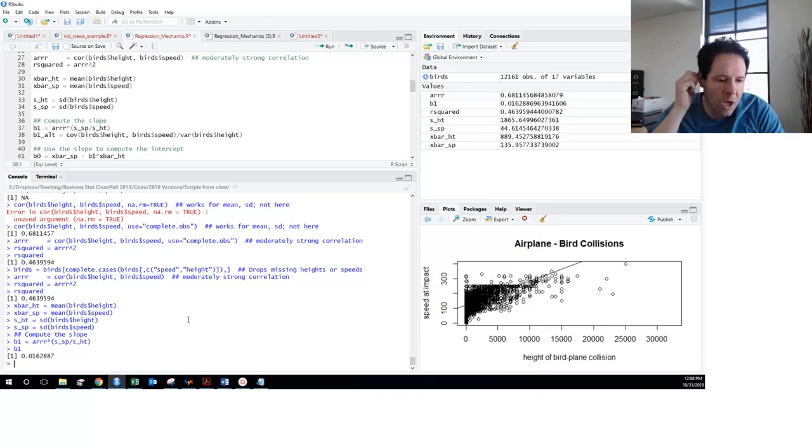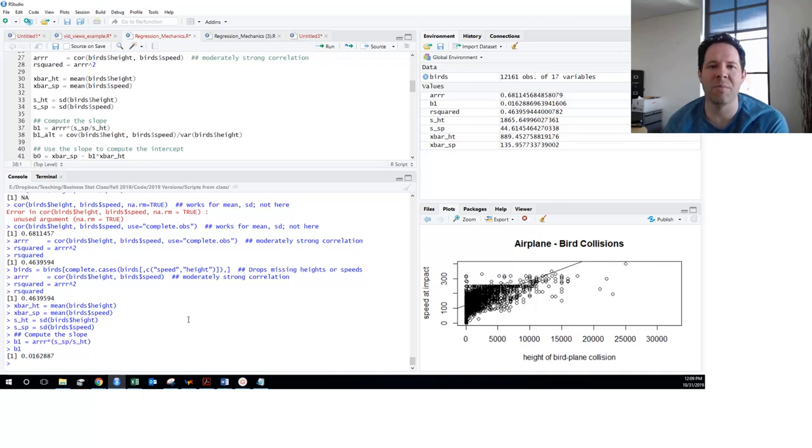That's the slope. And so the way we interpret this, in context, would be: as height increases by 1 foot, my prediction for the speed at impact increases by 0.016 miles per hour. Well, if you don't like the 1 foot and 0.016, you can rescale this by multiplying both of these numbers. So let's say at 100 feet would give us a more sensible interpretation.